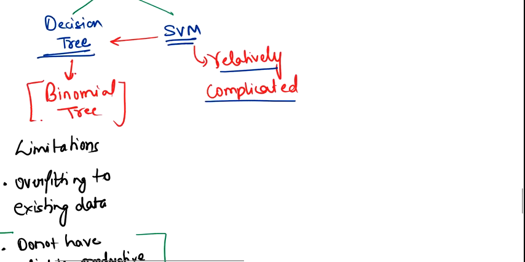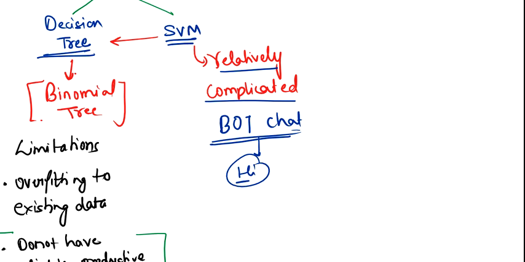Clear? Now you have seen a bot chat. Many times many of us have seen that if you message hi on a company's website, it will respond that if you want to know about the product, type 1. If you want to talk to human resource, press 2 or type 2. Getting my point? And when you type 1, there are many different products.